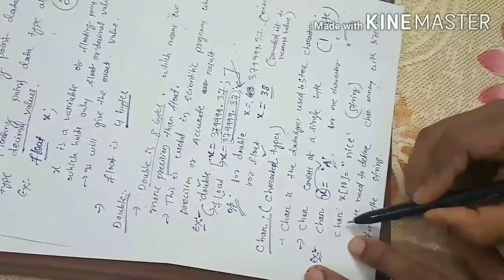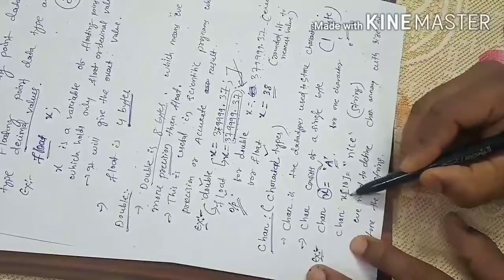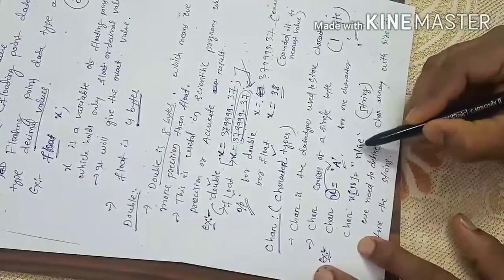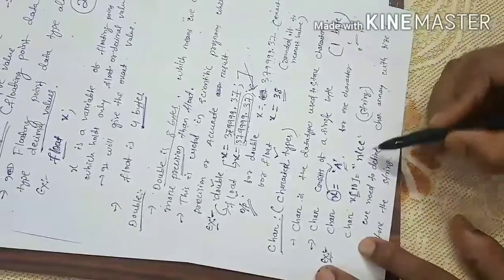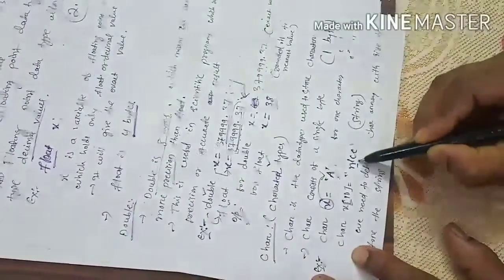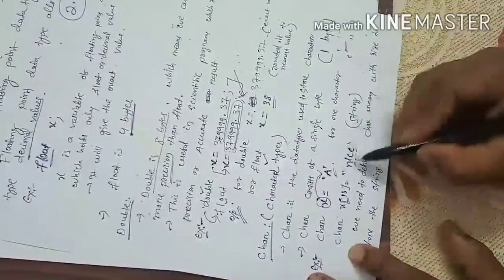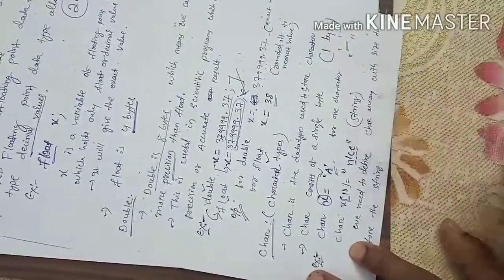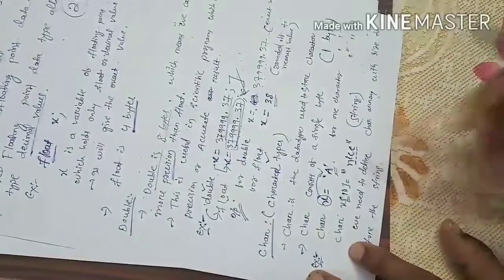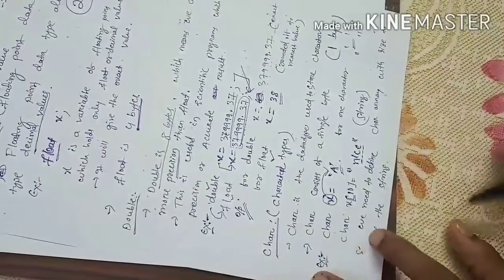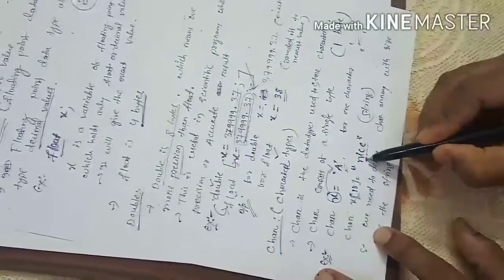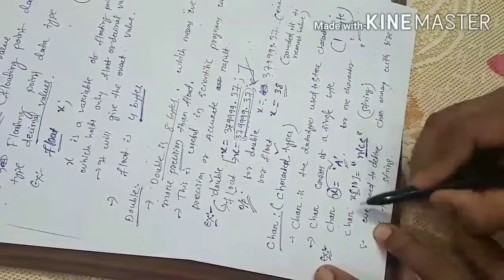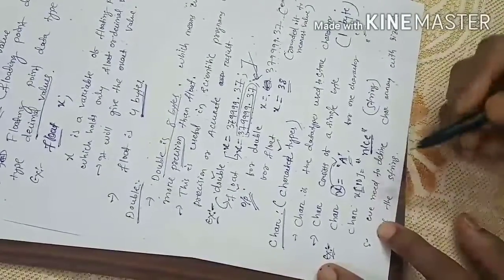Again here see, char x[10] equal to, suppose I have written one string or word "nice" which is of 4 characters. Why is this string? See, this is inside the double quotation mark. So though it is 4 characters, we cannot simply write char x is equal to nice.